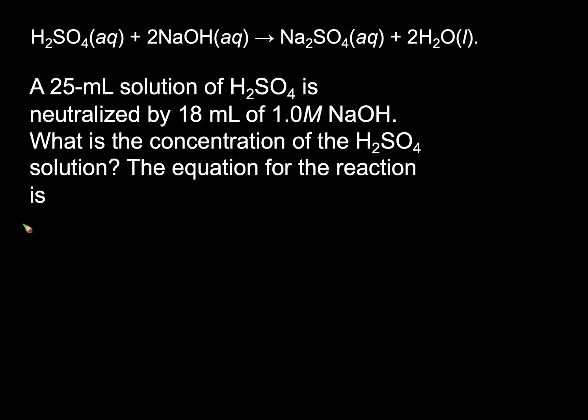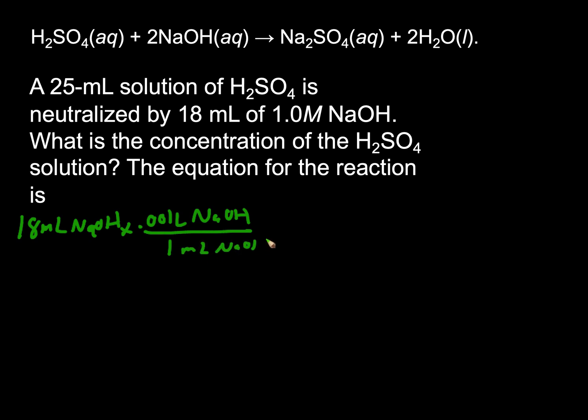So we'll start with our 18 milliliters of NaOH. Change those to liters. Now, we know 1 mole of NaOH all over 1 liter of NaOH. Since we're in moles of NaOH, we can now go to moles of H2SO4.